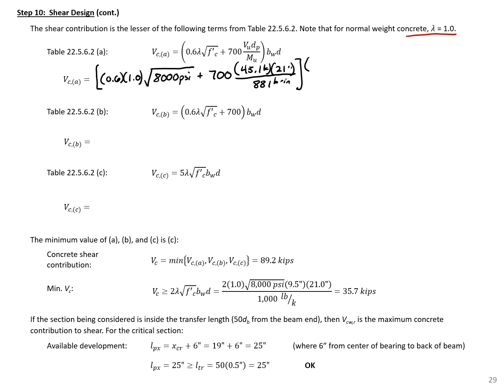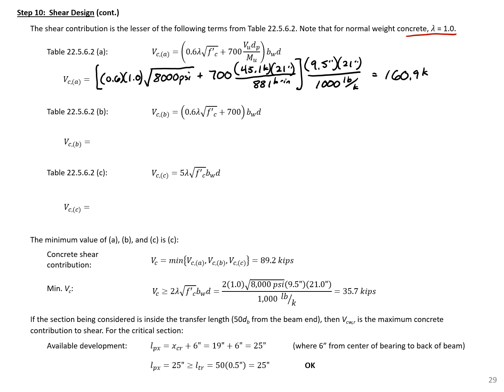This will all be times 9.5 inches, our web width, times 21 inches, and then I'm going to convert our units into kips, so divide by 1,000 pounds per kip. We'll get a value here of 160.9 kips.